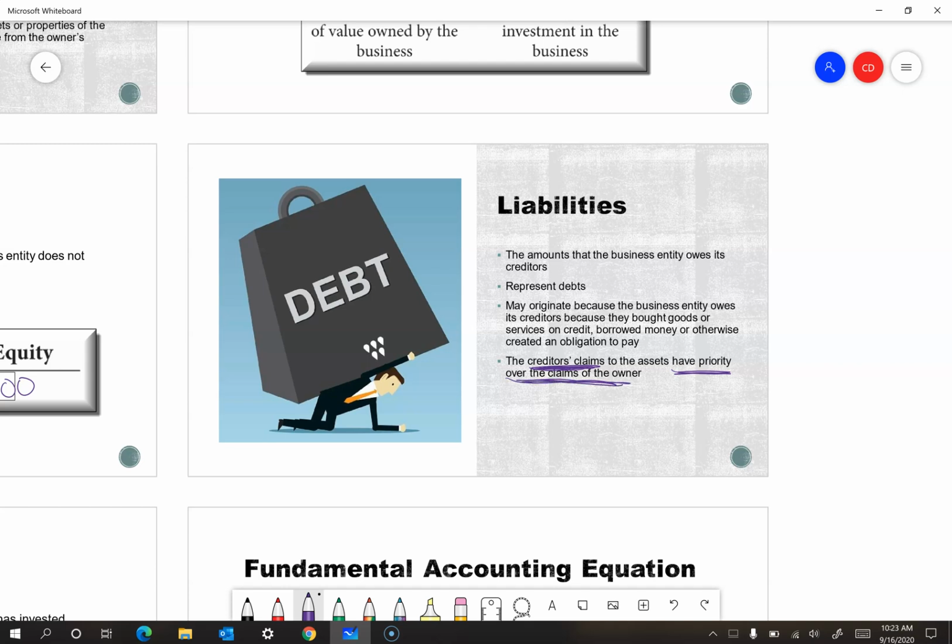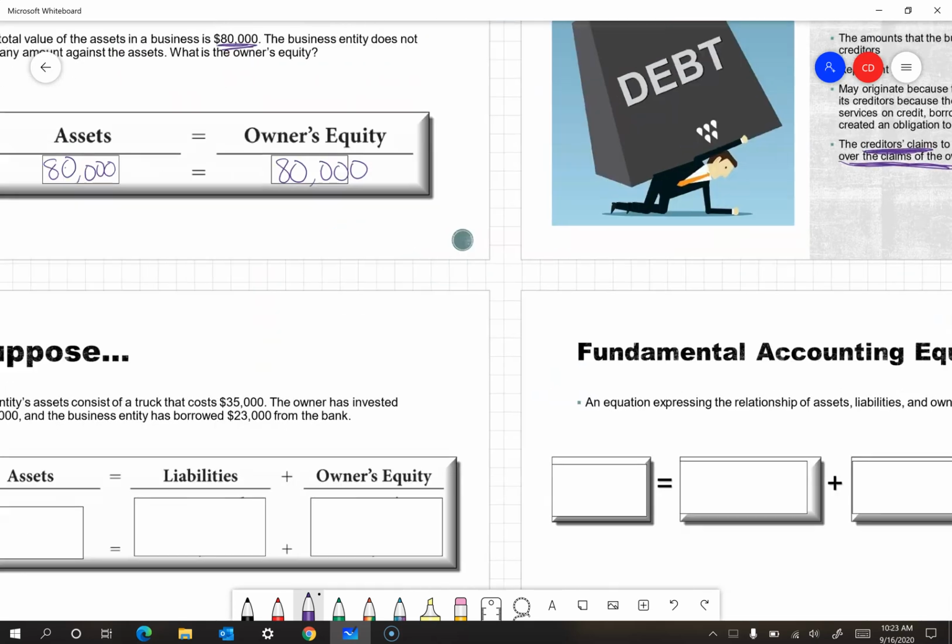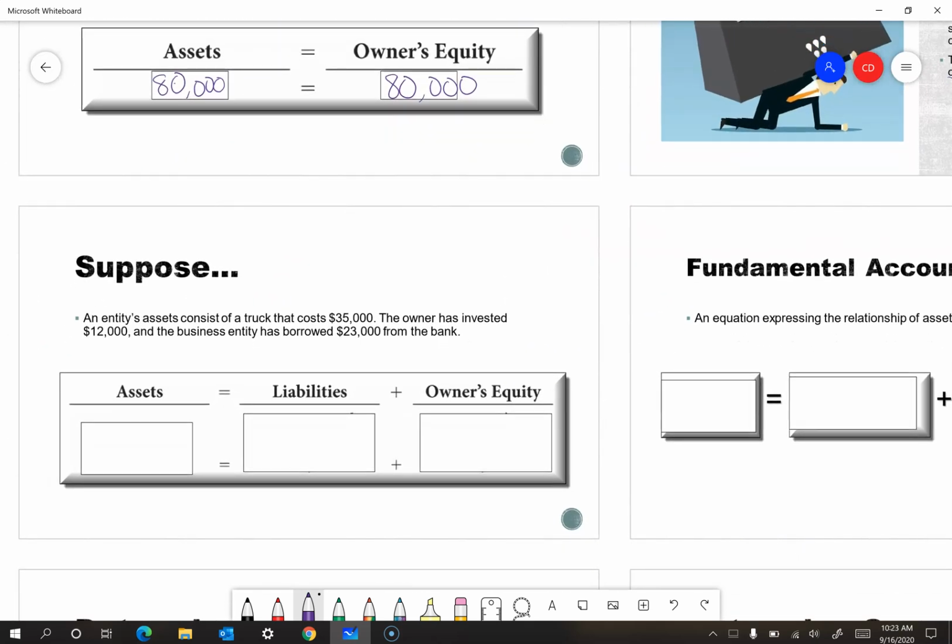Okay, so let's take a look at what that means. So an entity's assets consist of a truck that costs $35,000. The owner has invested $12,000 of their own money, and the business entity has borrowed $23,000. Okay, so the assets include a truck that is $35,000. The owner has invested.